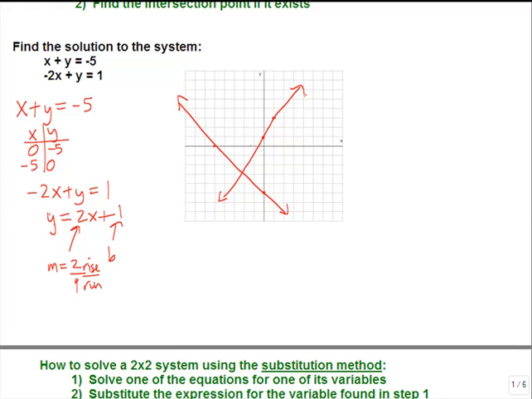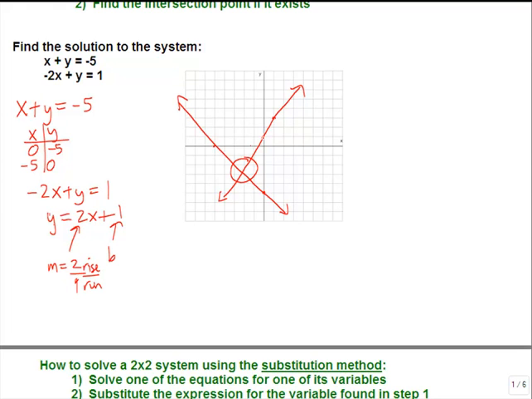Now you can probably immediately see one of the issues with solving a system graphically, especially when you're doing this like I am on a computer that's not very accurate. Your lines probably aren't very straight, and you can see that it's a little bit tricky to see exactly where those two lines intersect.